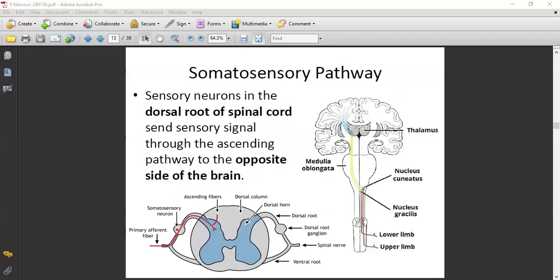Then from the spinal cord it sends a signal to the brainstem, reaching the medulla area, then crosses to the opposite side, and keeps on going to your brain. That's where they end. So when you touch something, your brain senses it and will try to understand it. So that's that.